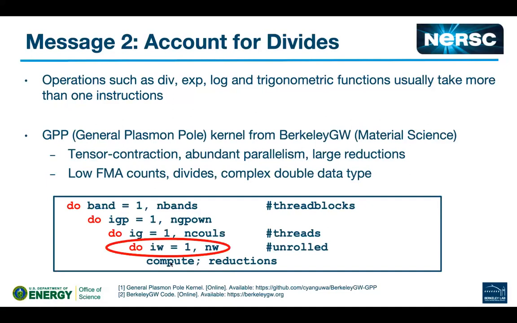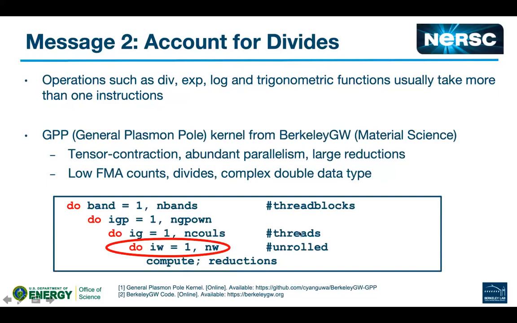Why we chose GPP is because it's highly parameterizable. So you can tweak certain parameters in the kernel. For example, you can tweak this number here, NW, to change the total number of iterations in this loop.